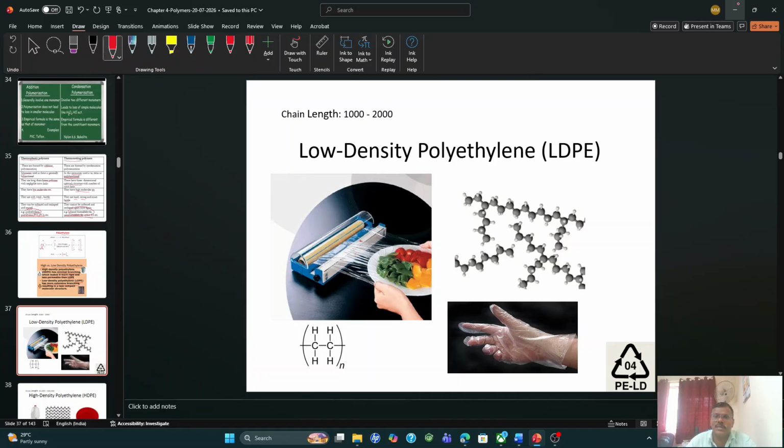Look at the arrangement of the monomer in the polymer. This transparent cellophane tape is nothing but low density polyethylene, and the polythene bags we carry vegetables in are made of low density polyethylene. What is the polymer code here? 04. Okay, this is the polymer structure.